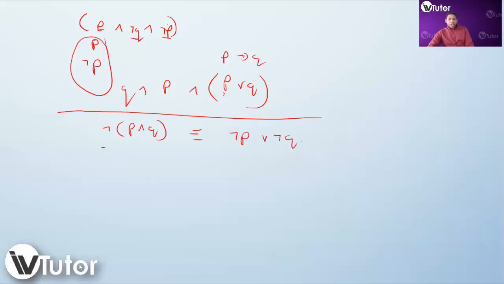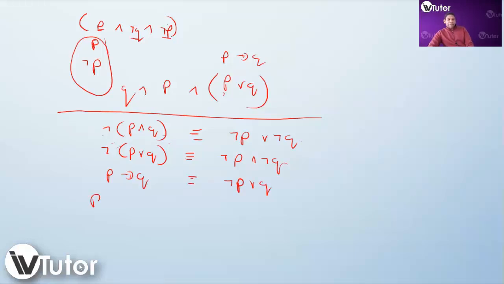Not (P or Q) is equivalent to not P and not Q. This is how negation distributes inside a bracket. We also have the following: P implies Q is equivalent to not P or Q. So implication is a disjunction.